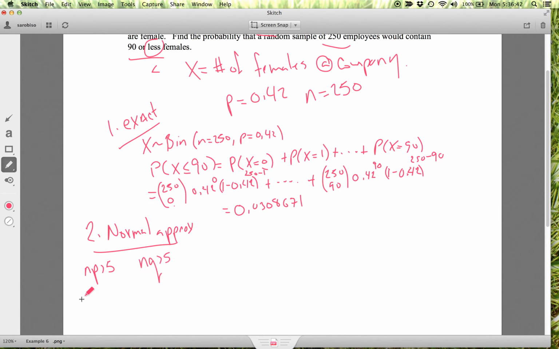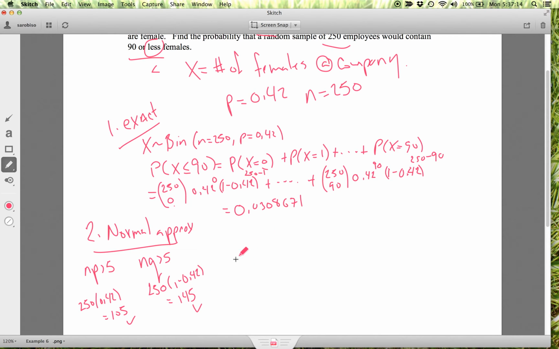In this case, n is 250 times p, which is 0.42, which is 105. So yes, that is greater than 5. The other assumption: 250 times 1 minus 0.42 gives the value 145. That's also greater than 5.